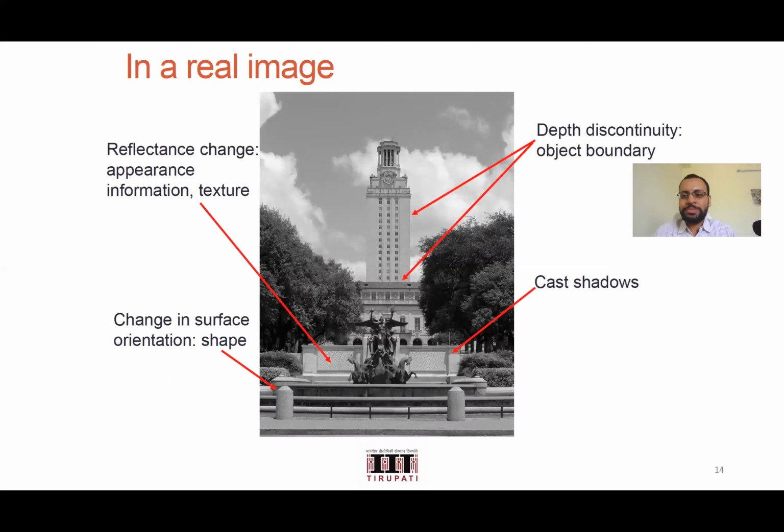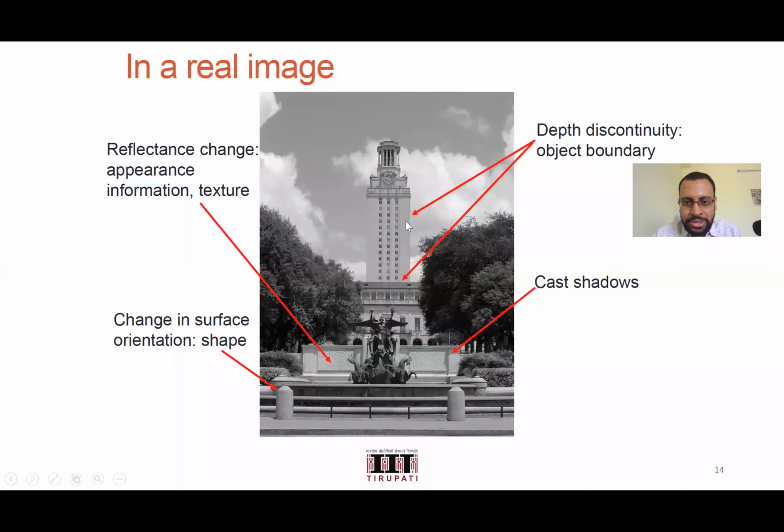So let's move on from a cartoon-like picture to a more realistic picture that would more or less have all these kinds of phenomena happening and all these phenomena contributing to edges. Okay. Now don't pay attention to reading those texts, but just try to infer yourself. You see an edge here, right?